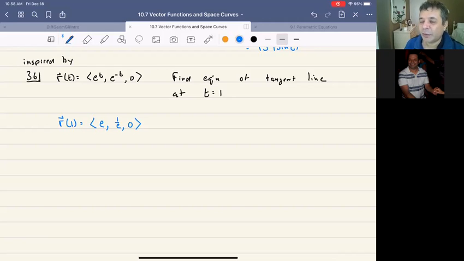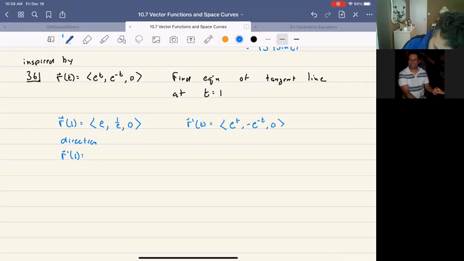What's the direction? Well, we need r prime of 1. Let's take r prime of t first: e to the t, negative e to the negative t, 0.